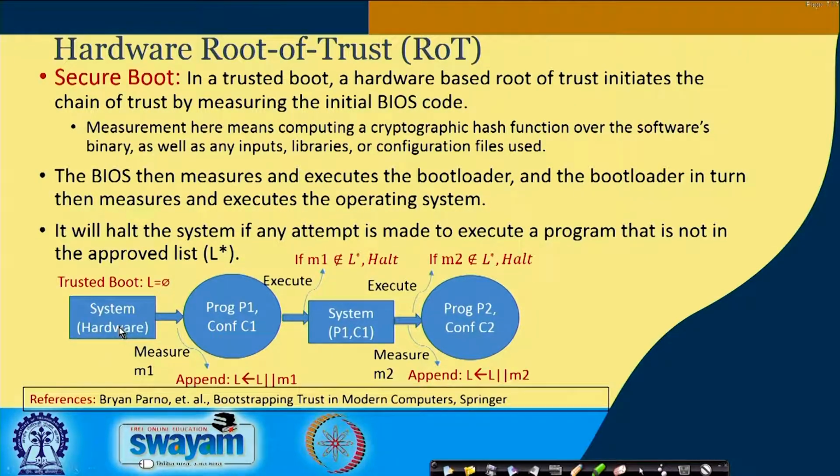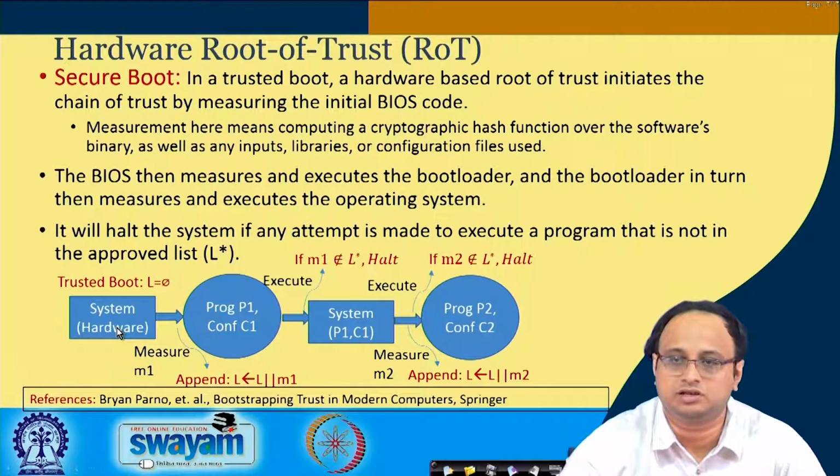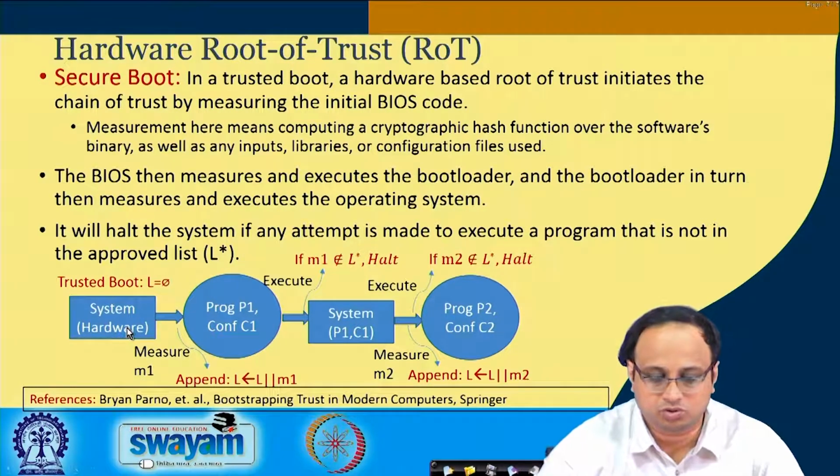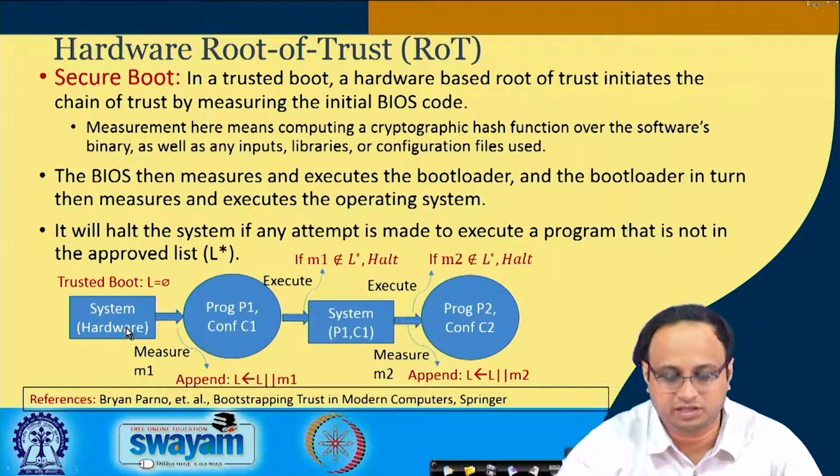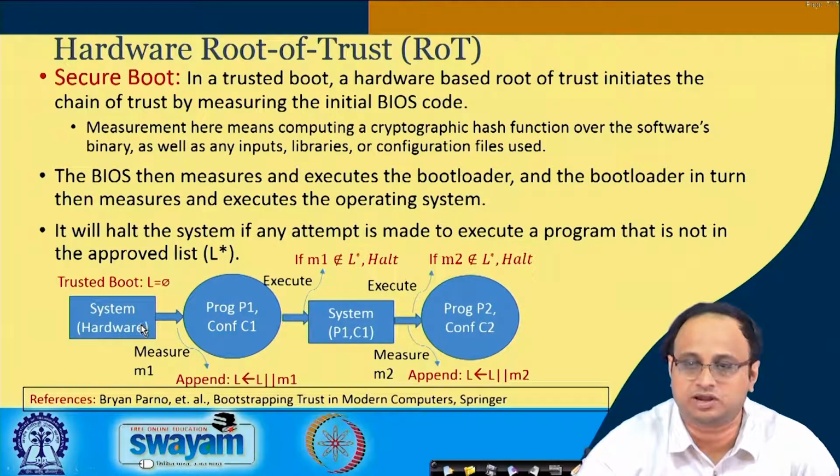It tries to measure the initial BIOS code, but before it executes the BIOS code it does a measurement. This measurement is to understand whether the BIOS is legitimate or not. What exactly a measurement is can be discussed later, but let us get the overall idea.